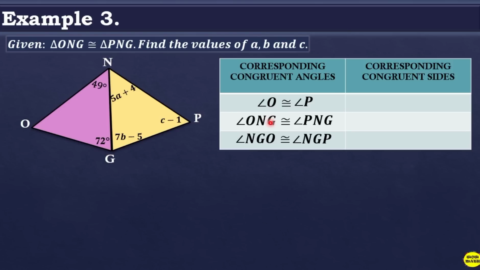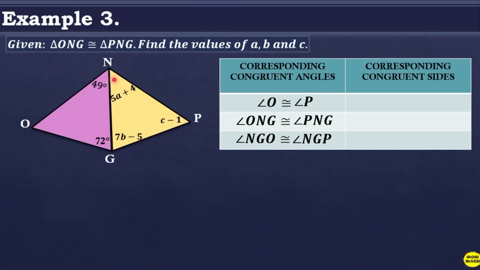So, kung babaliktarin mo GNO, baliktad din, GNP. Okay? Kung dito naman, ang ginamit mo ay OGN, baliktarin mo rin to, PGN. So, OGN, PGN. Okay lang po kung NGO or OGN, basta make sure na correspond siya dun sa ibibigay nyo na angle. Okay?